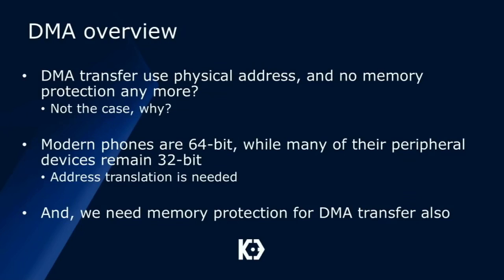In that case, address translation is needed to translate from 64-bit memory to 32-bit memory. Another reason is that we have to enforce memory protection for the DMA transfer also, because if it is not there, it's not safe, right?